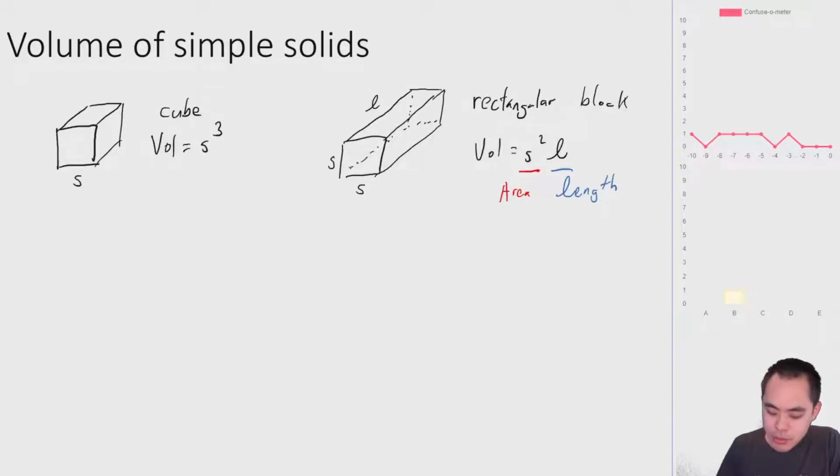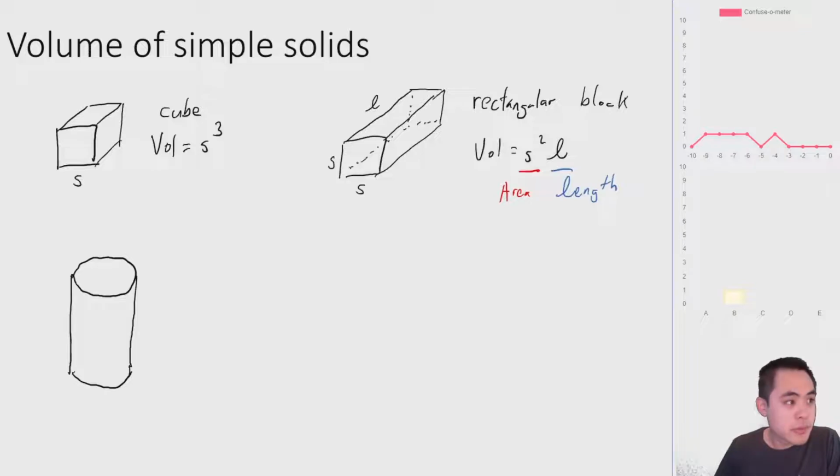For example, one common one that's super useful is a cylinder. Pretend the bottom layer is a circle. So here we might have some radius r, and we have some height h.